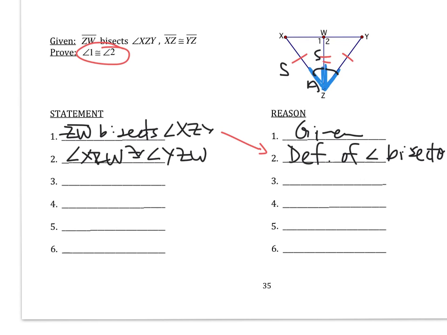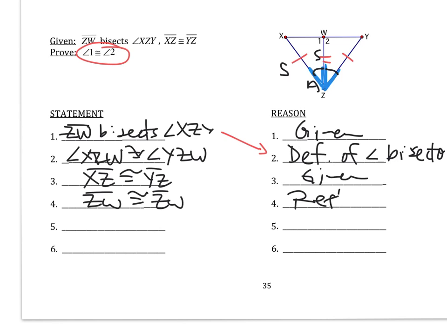Okay? Then we've got our other given, XZ congruent to YZ. Okay, and that was given. And then Lynette gave us that ZW is congruent to ZW. So Lynette, what was the reason for that one? Oh, because it's reflexive.